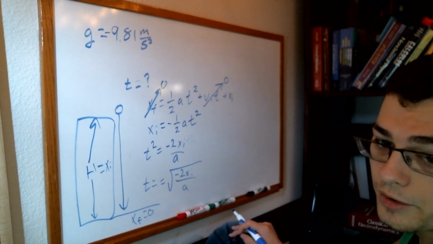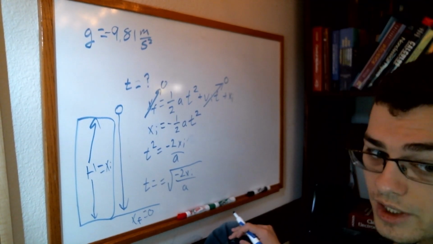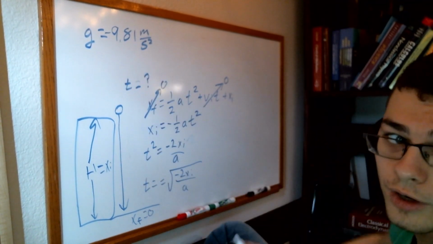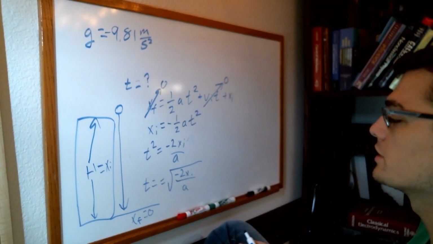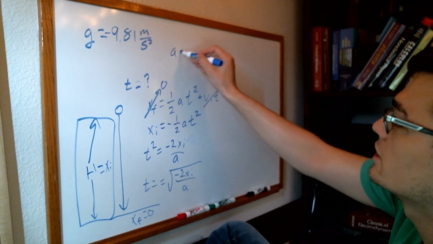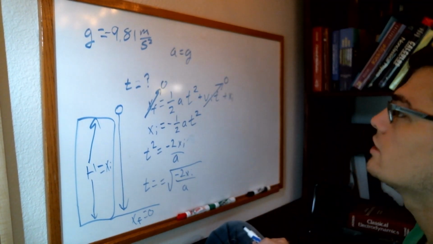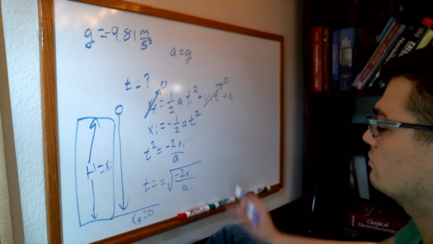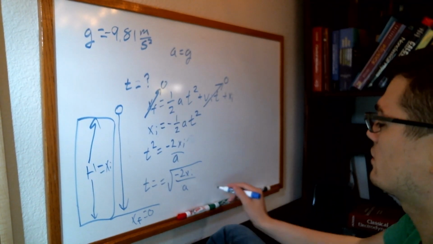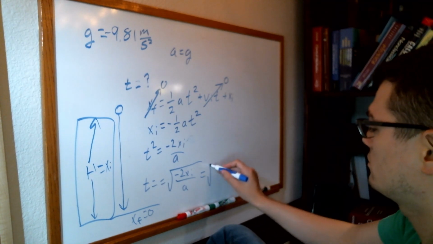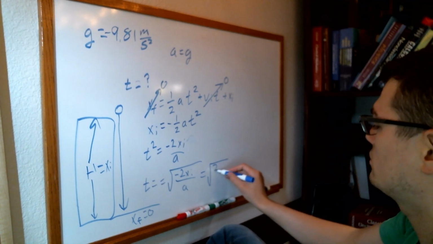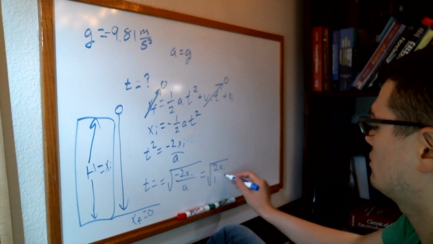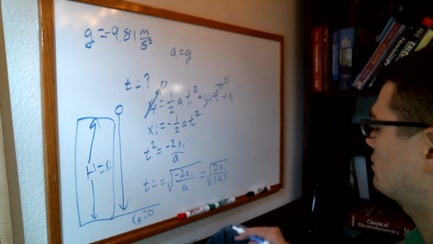Now you're probably wondering how we're going to get away with having a negative inside the square root. Well, we already have a negative inside there because a in this case is going to be equal to g. So then we can just go ahead and do this, and we can say that t is now equal to the square root of 2xi over the absolute value of a.